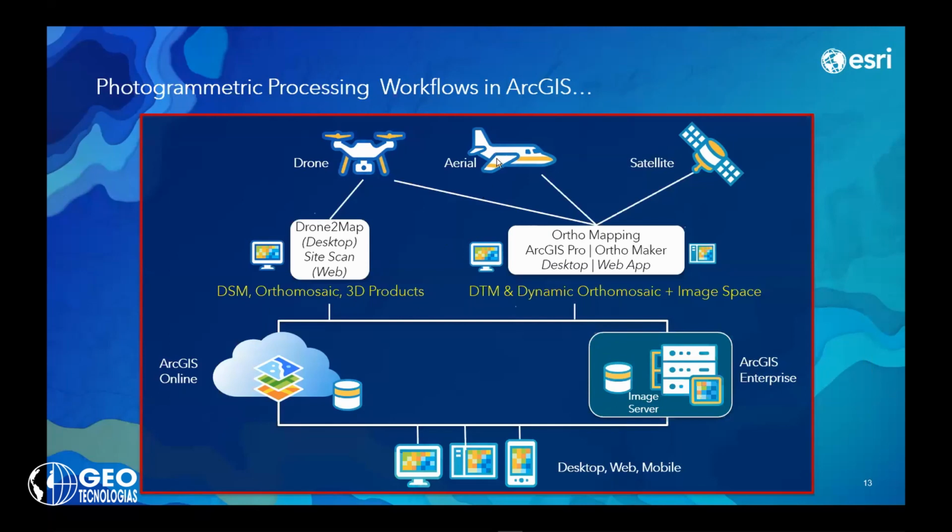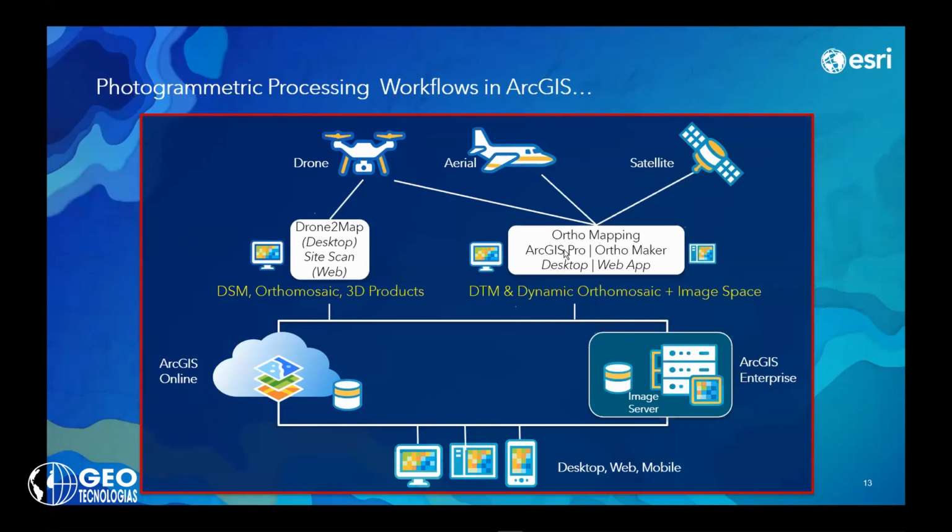For the aerial data, again, implying a much larger mapping footprint than a drone might support, or in a satellite mapping footprint, what we're recommending is that you use the ortho mapping tools in ArcGIS Pro and potentially OrthoMaker as the portal app to do the processing and the extraction of similar products in ArcGIS Pro.